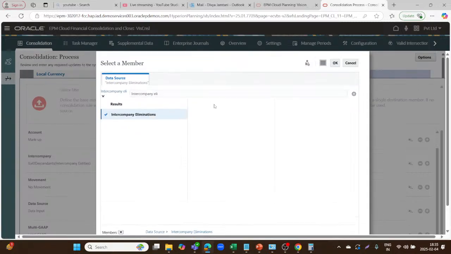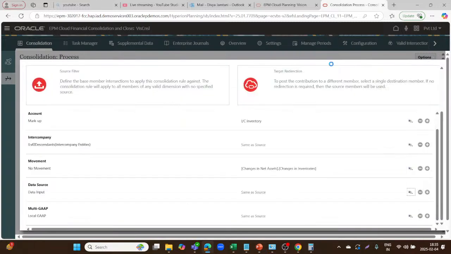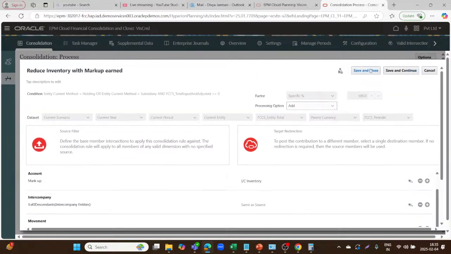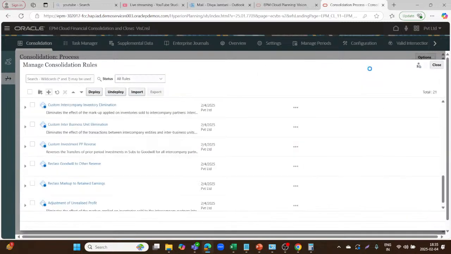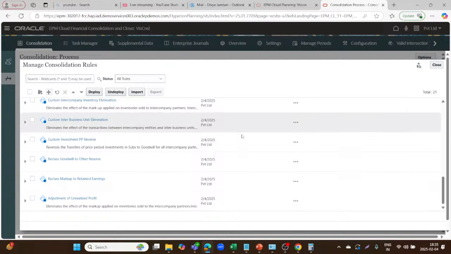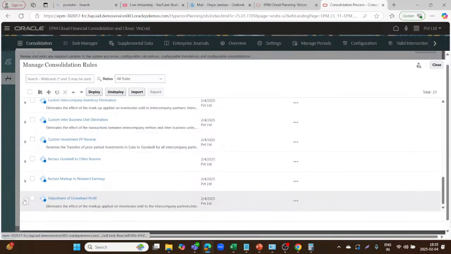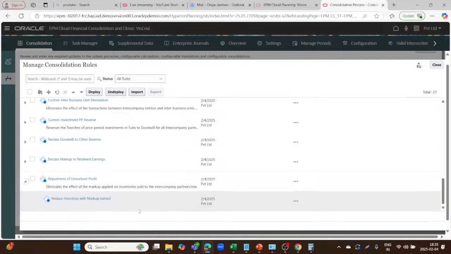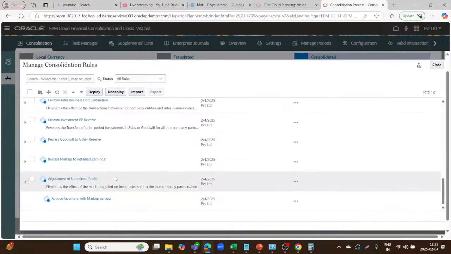Yes, this is my member for data source. And multi-cap is local cap only, so we'll keep the same. All right, so save and close. So this was the one that we have written, that is, if you drill down this, we are adjusting the unrealized profit, and under it we are reducing the inventory with the markup earned.